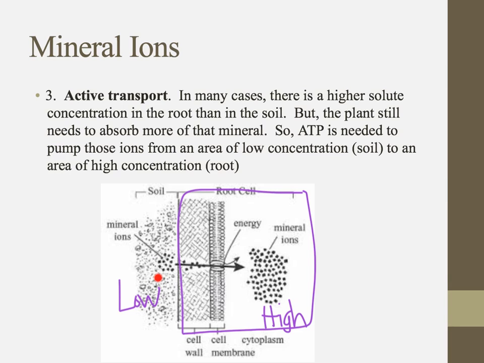In order to get these guys to come join the party in here, I'm going to need to add energy in the form of ATP to power this protein pump, because I'm going against the concentration gradient, from an area of low to an area of high concentration.